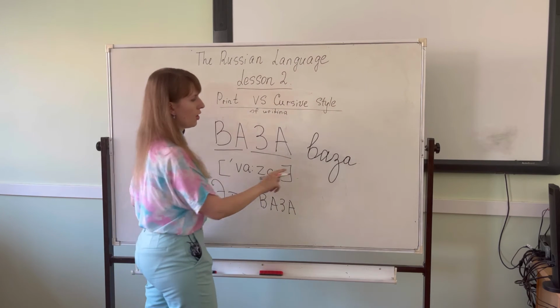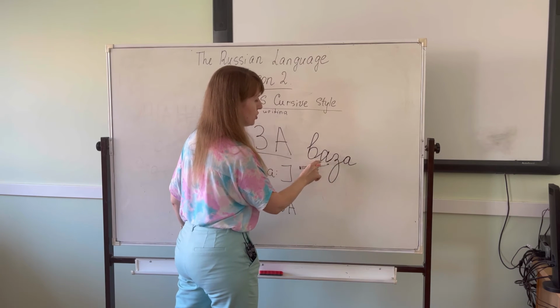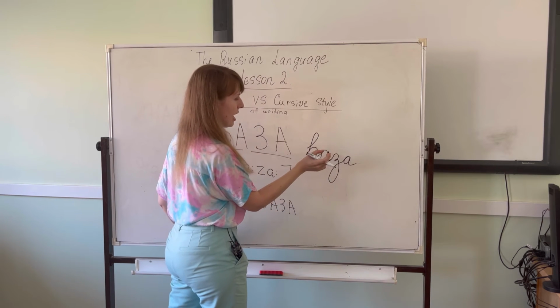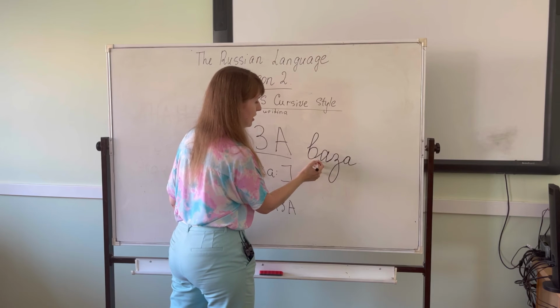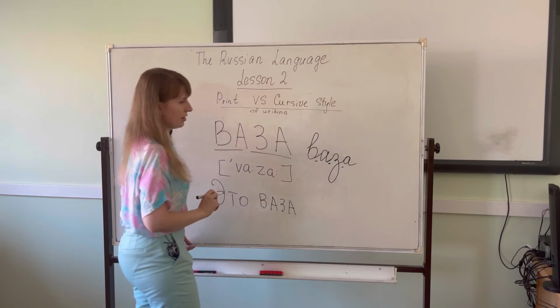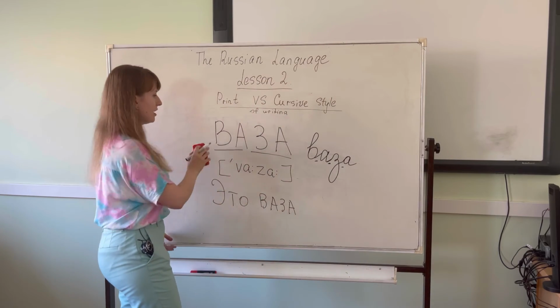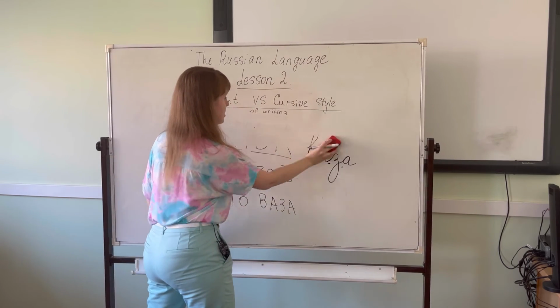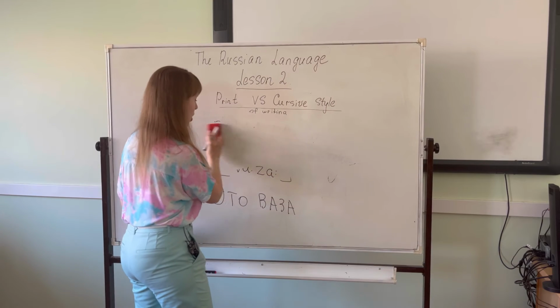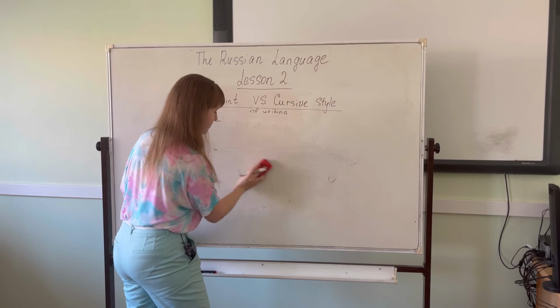It will be like this. So anytime you need to stick to the next letter, just make a little line connecting all of them together. Okay, let's go to the next letter. I hope that you remember it.